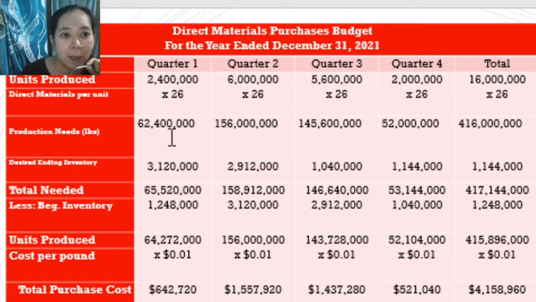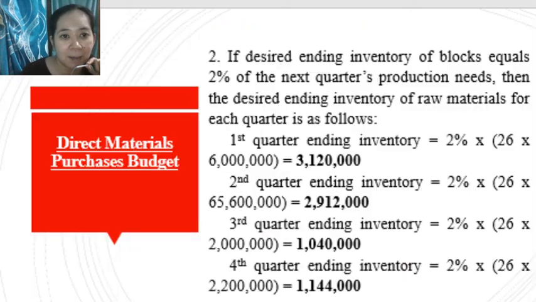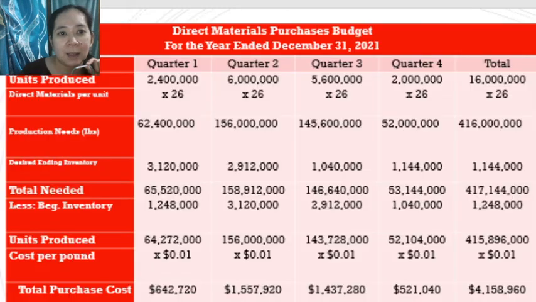So this is our production needed in terms of units. Next, our desired ending inventory was computed. Remember in the previous slide, you just apply it here. And then we will add the desired ending inventory and the production needs to get the total needs.